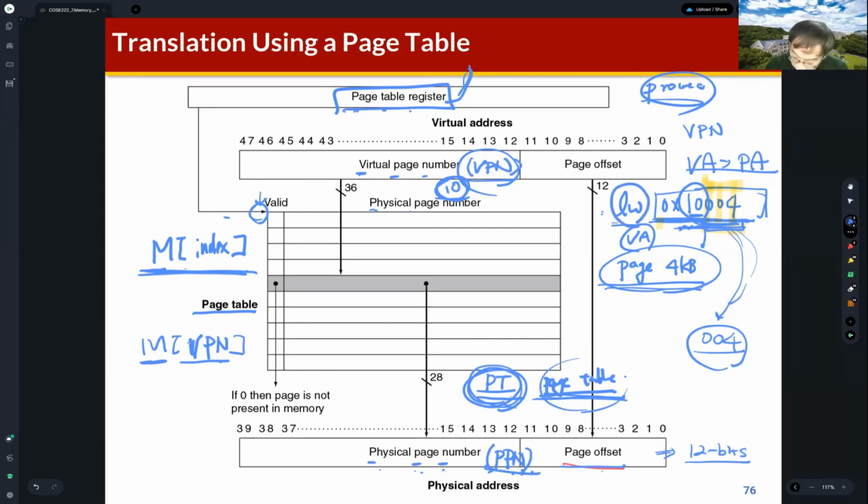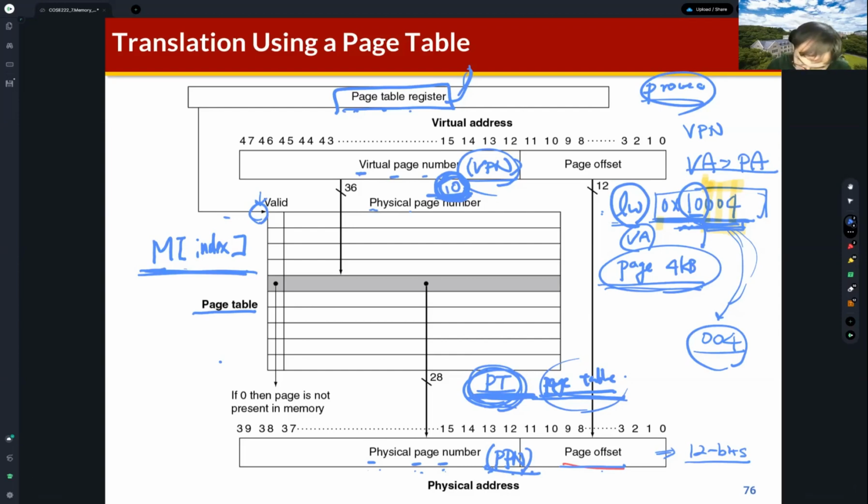When this load word instruction is executed, we get the virtual page number 10, and the processor accesses the page table using it.